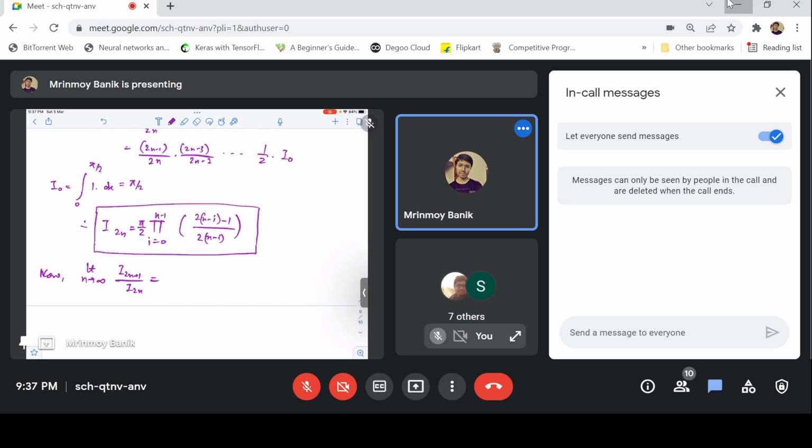Okay, so why did we take so much pain in proving this limit equals 1? Because now we will try to show the last claim, claim 5.